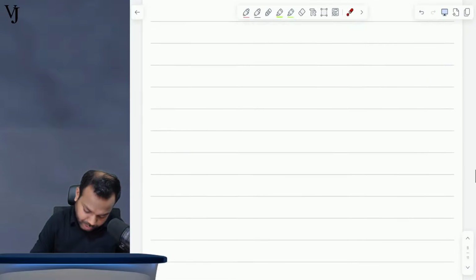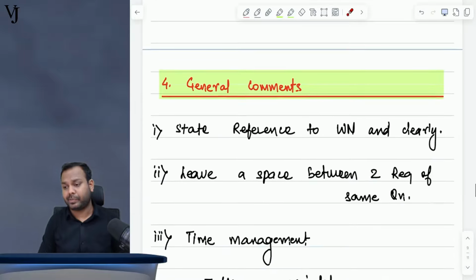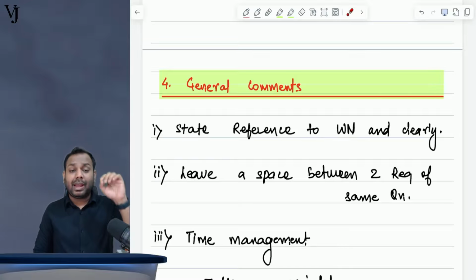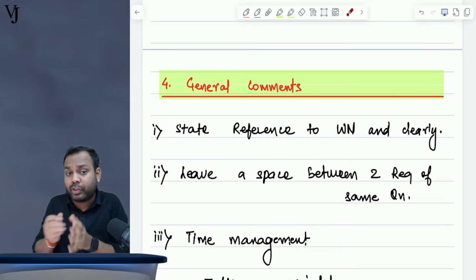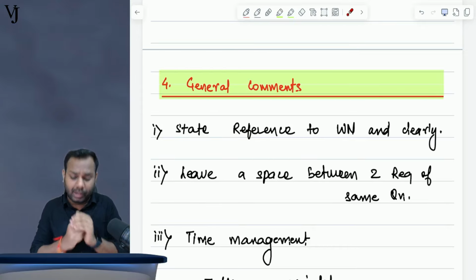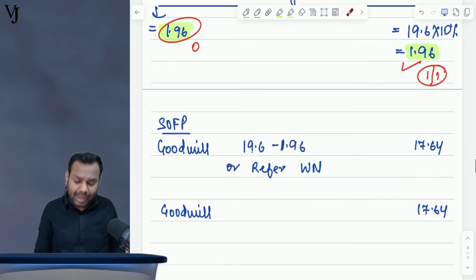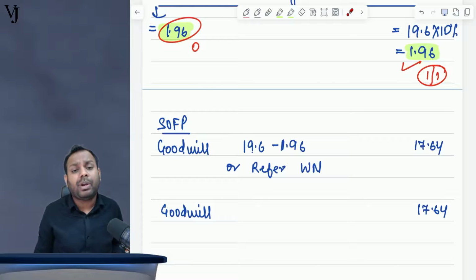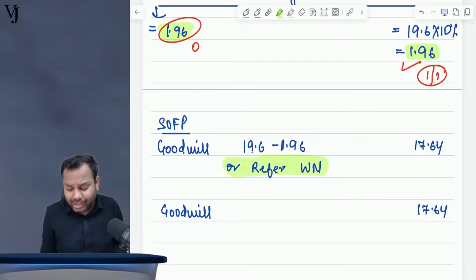So now moving further, general comments. The examining team is stating that students are not giving references. Let's suppose they have calculated goodwill in the working notes and in the SOFP they simply wrote 17.64 is the goodwill. They should write here, refer following working note.